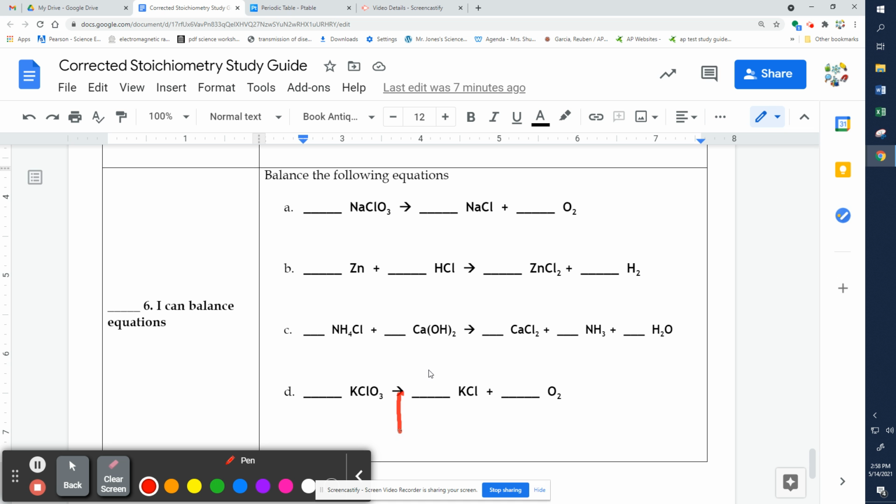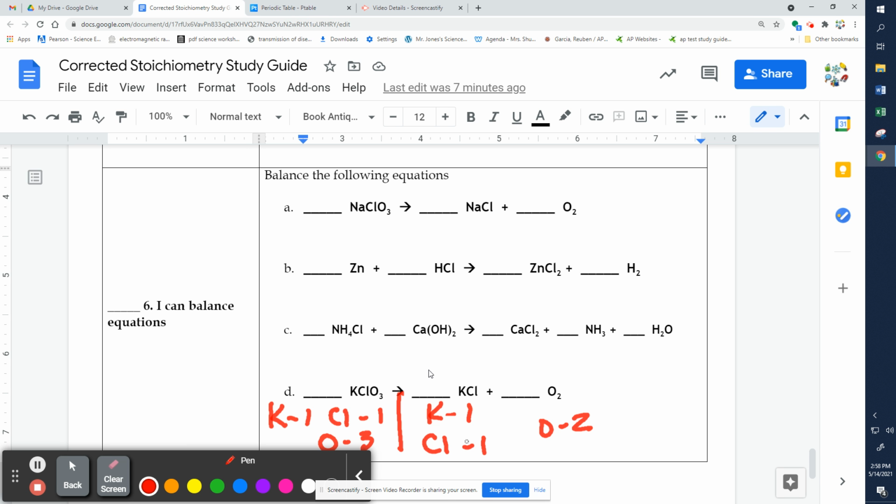For our very last selection, we have K, Cl, and O. The only thing that isn't balanced are our oxygens.